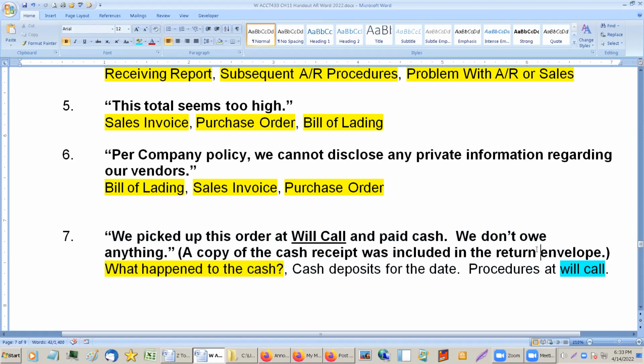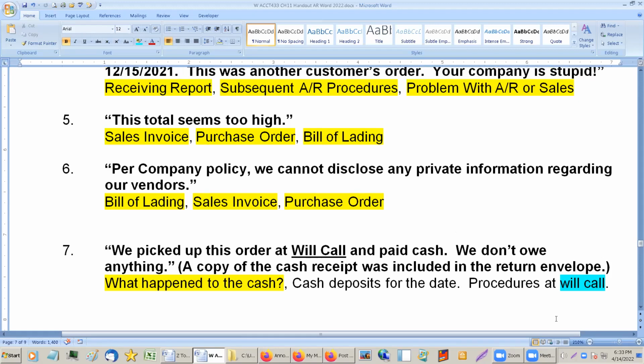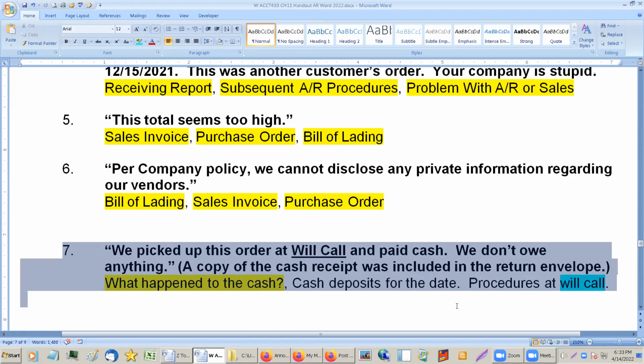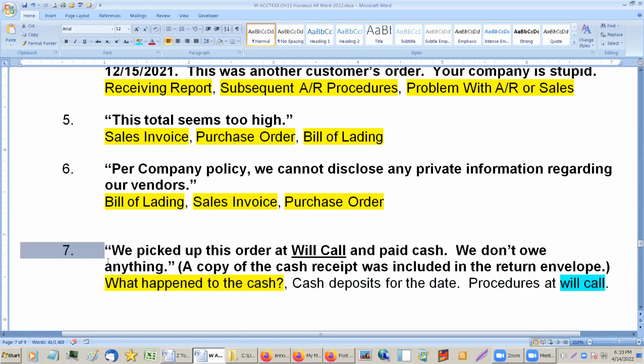You may not know there's a problem at will call with cash purchases, especially with cash receipts. This is exactly why we do the audit like this, is that you actually get information of where there may be a problem, and that's where you want to look. So this one would probably be one of the ones that you'd want to take a good look at and see if there's a system problem.